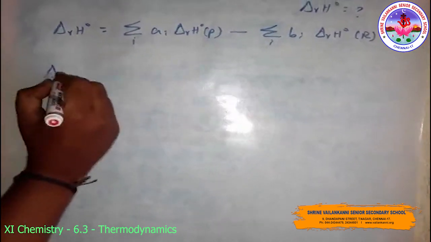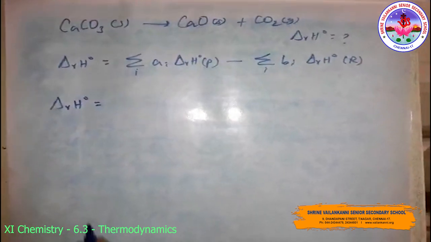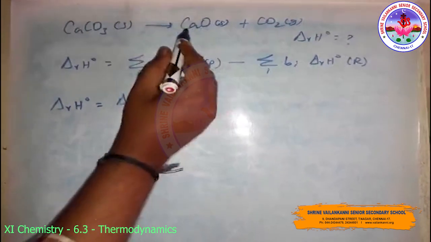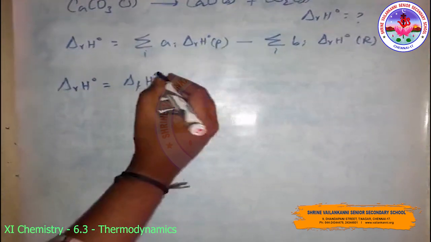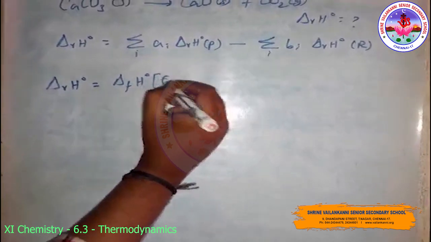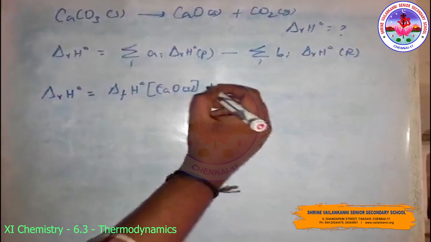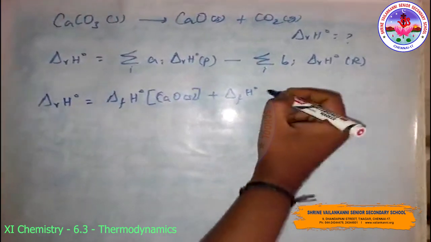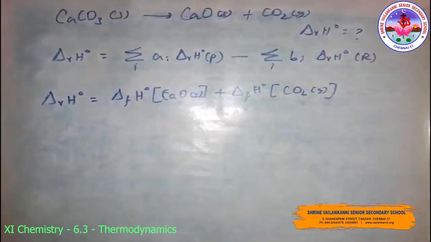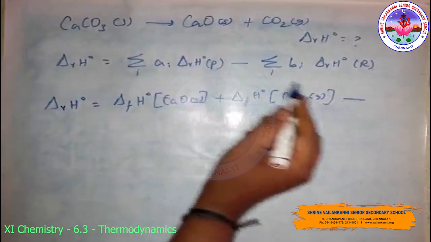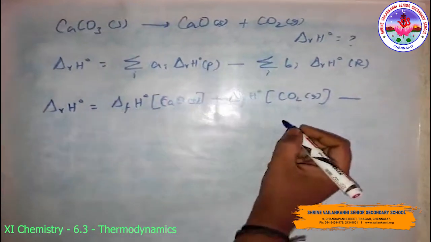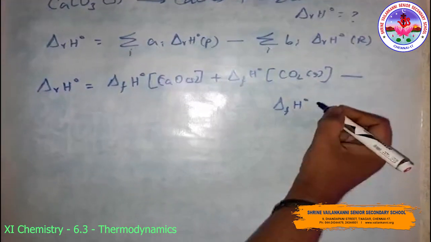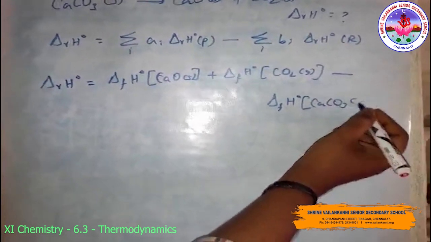That means the standard reaction enthalpy is the standard enthalpy of formation of calcium oxide solid plus the standard enthalpy of formation of carbon dioxide gas, minus, on the reactant side, the standard enthalpy of formation of calcium carbonate solid.